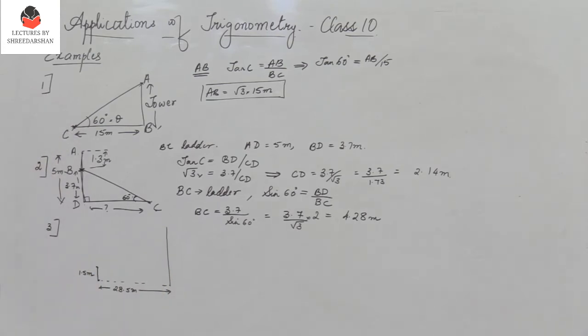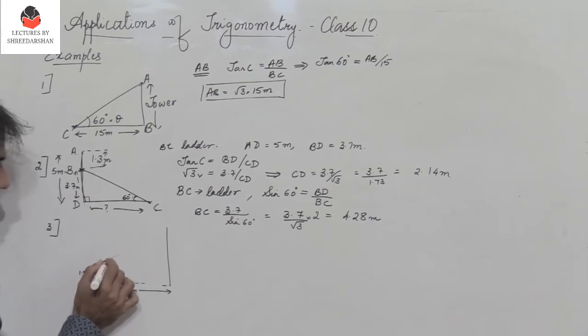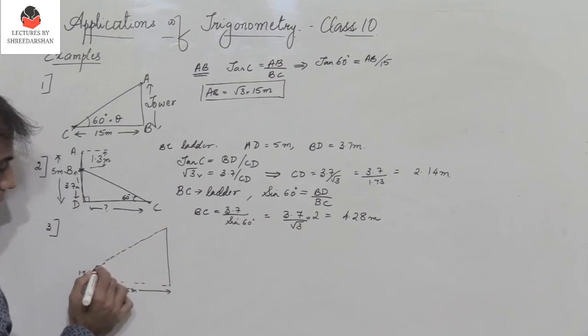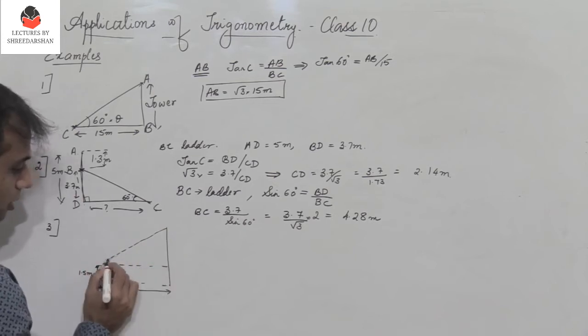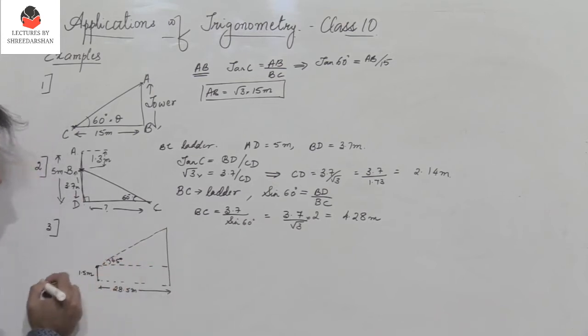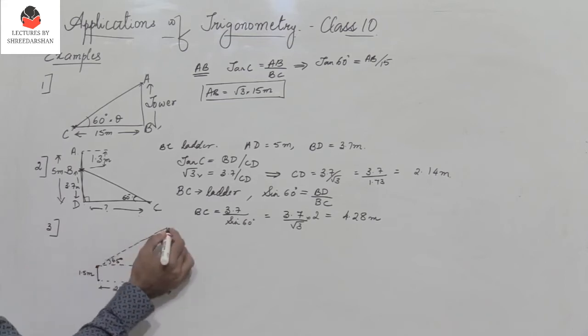The angle of elevation of the top of the chimney from his eyes is 45 degrees. So when he sees the top of the chimney, the angle of elevation would be 45 degrees.